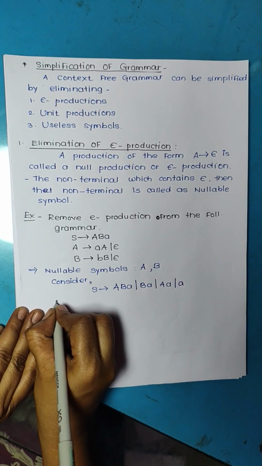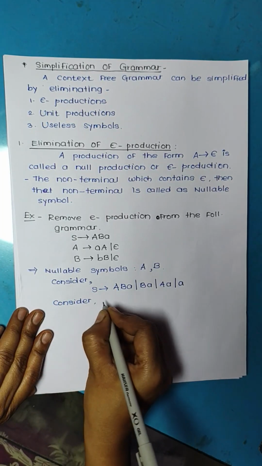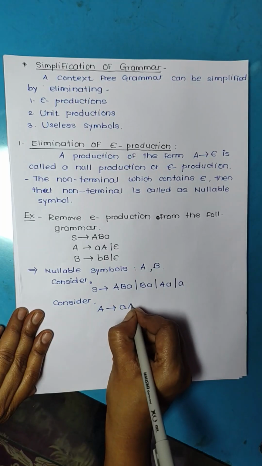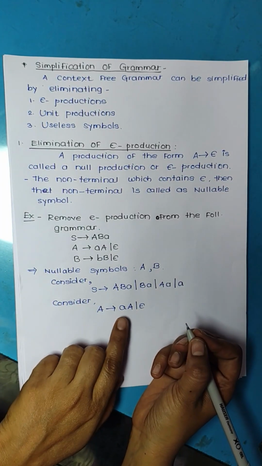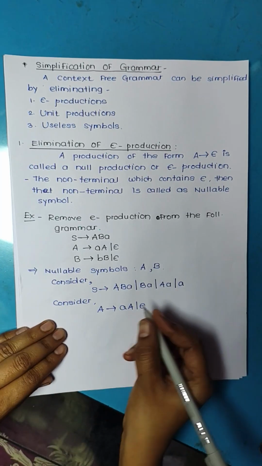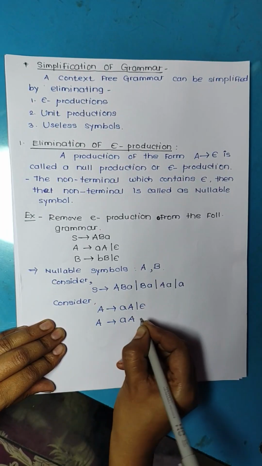Then consider the next production, that is A gives A or epsilon. Here we have to remove this epsilon, as well as add new productions like A gives AA.